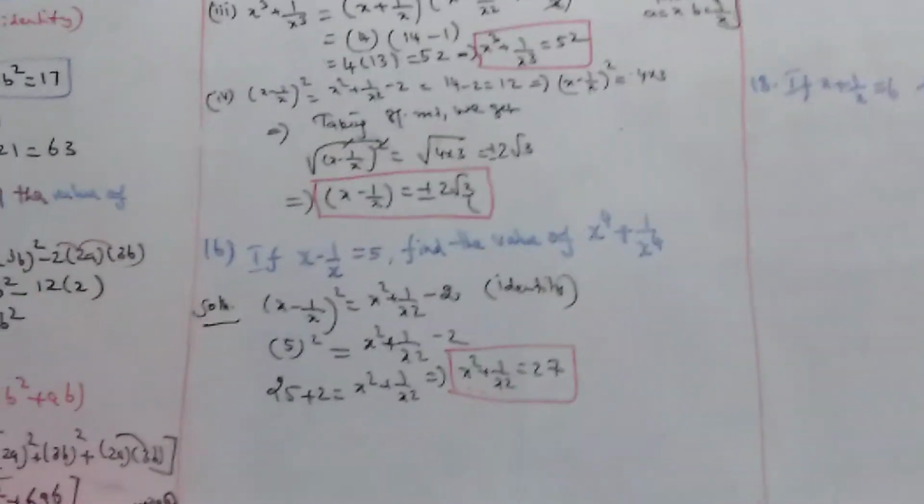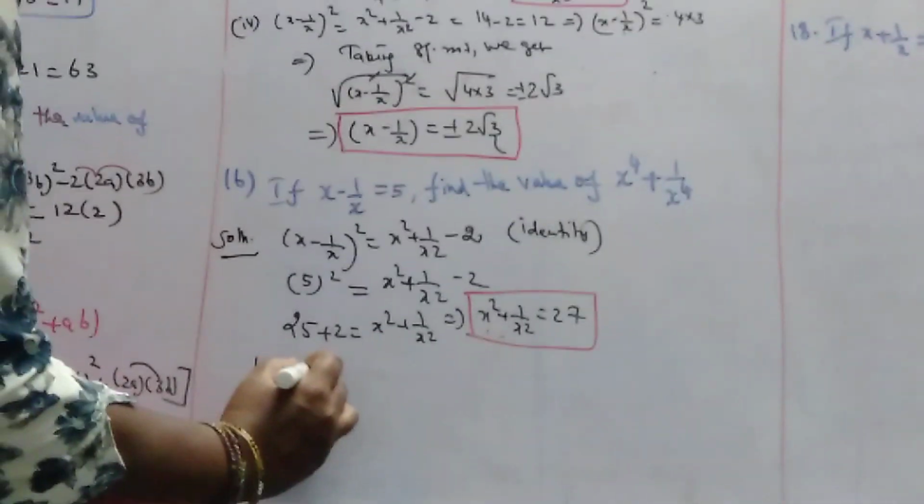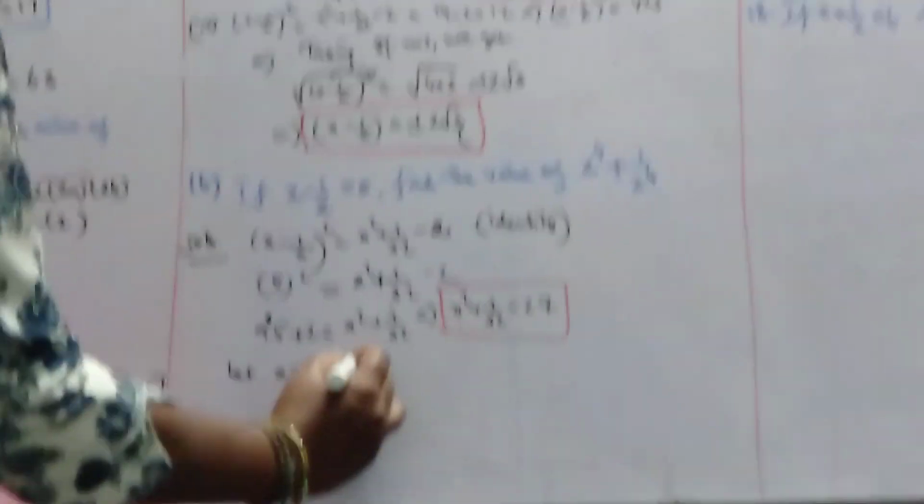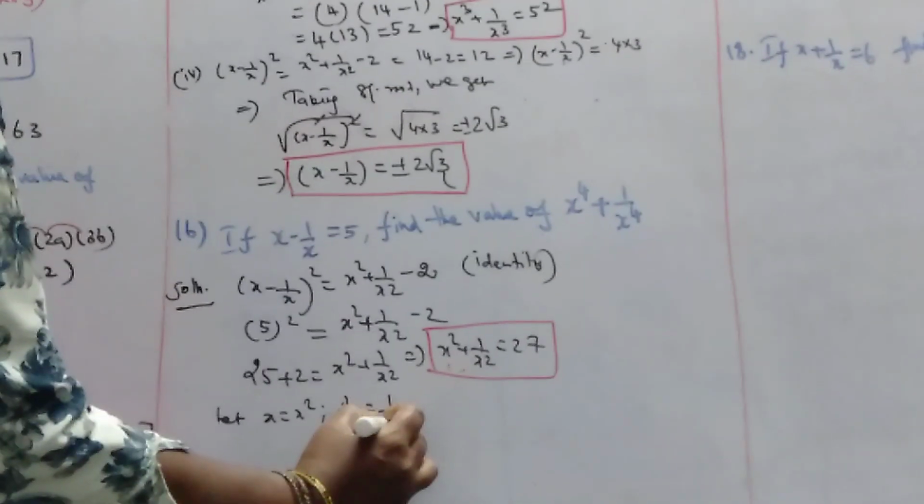What we are going to do here is assume a equals x square and b equals 1 by x square.